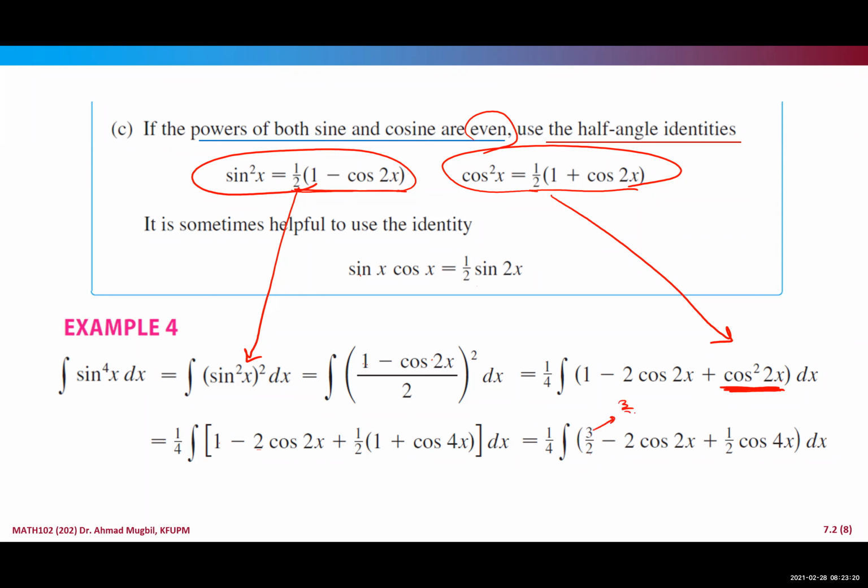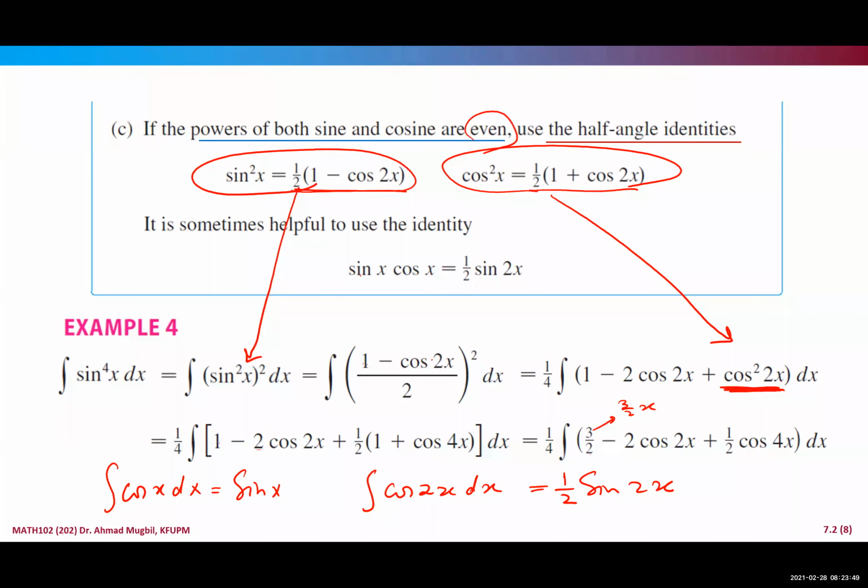Now you know the integral of 3/2 will be 3/2 x. Here we will have what? What is the integral of cosine 2x dx? You know, Shabab, what is the integral of cosine x? It is sine x. So here we have cosine 2x, so we will keep the factor of 2 by dividing by it, and it will be sine 2x, but we divide by 2. Why do we divide by 2?